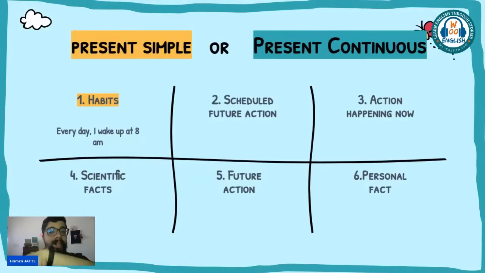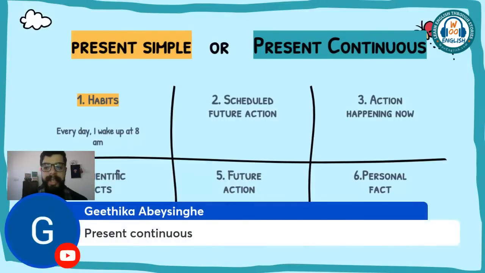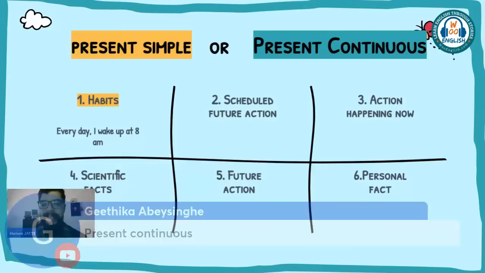When there is an action that I know the time of, the live stream starts at 2 p.m., or the live stream is starting at 2 p.m. Which one? Amin says number two is the present continuous. Getika joins Amin and says present continuous, while Iman sticks to her answer, the present simple.